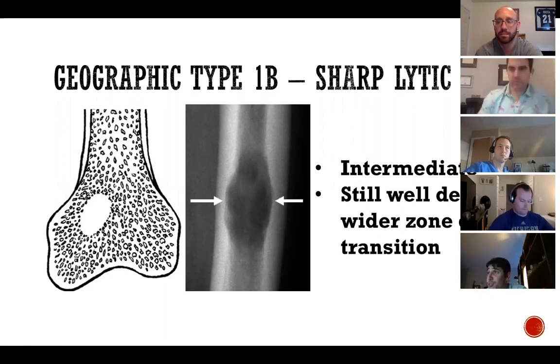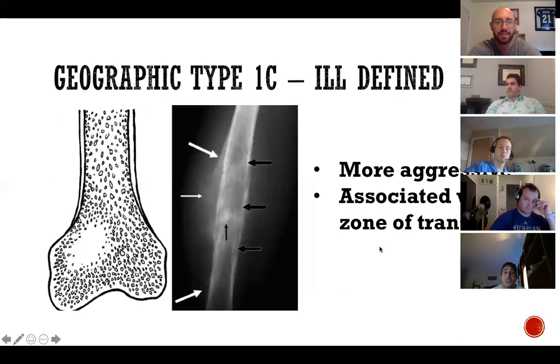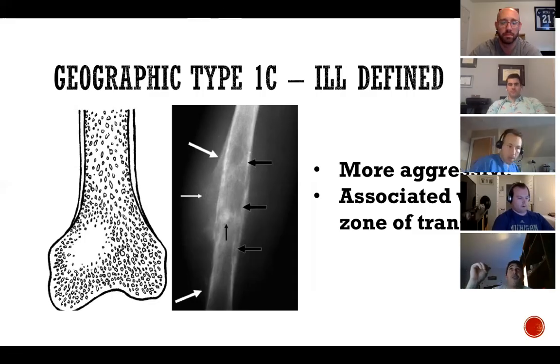And Joe, I'm guessing your next slide is the 1C lesion. If you go to that, I'll let you get into it, but you can see certain areas that are more geographic and punched out, clearly well circumscribed, but that's embedded within an area that's a lot more permeative and not well defined. So it's a spectrum, and the overall features are what define the aggressiveness of the lesion.